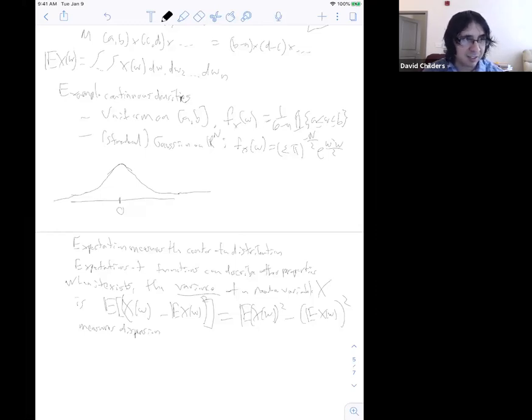We can extend this from the quadratic distance to additional ones by defining the kth central moment of x, which is just defined as, rather than the quadratic distance here, we go with the kth power.